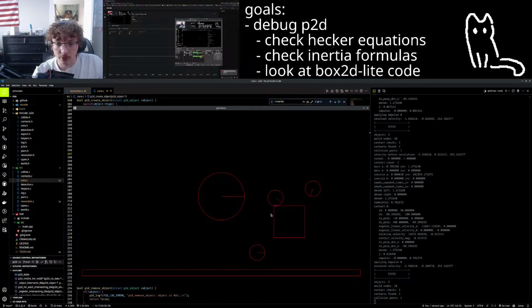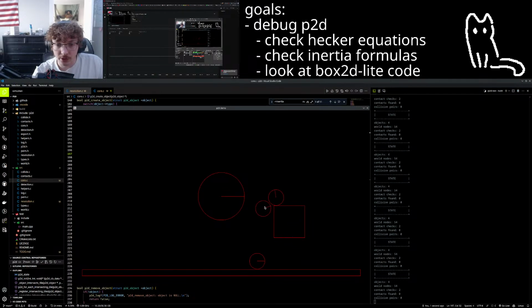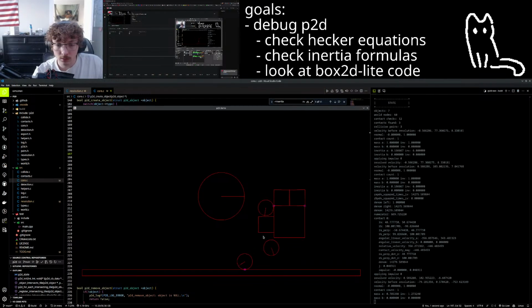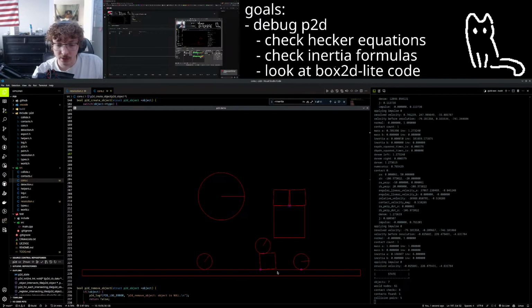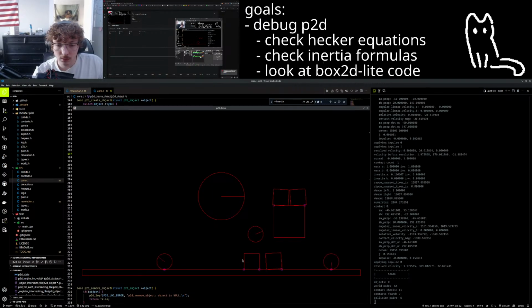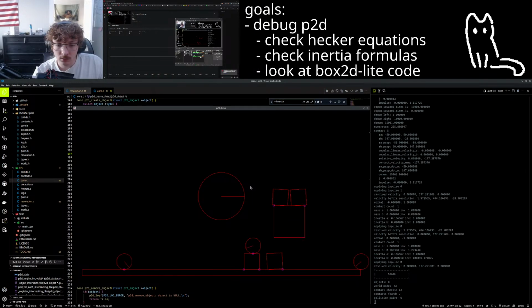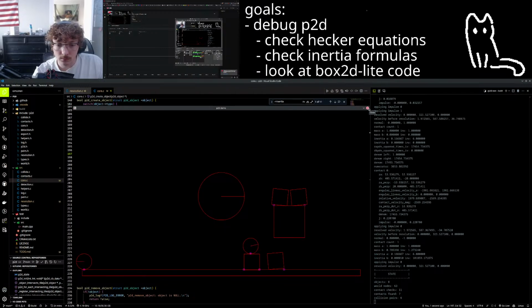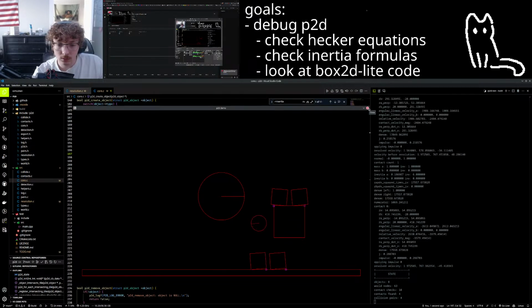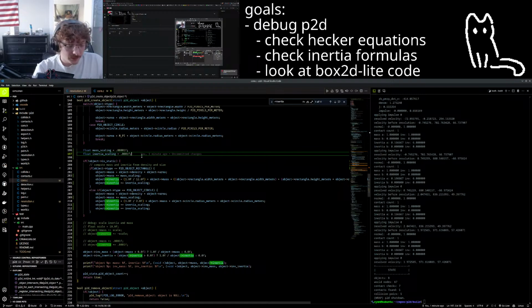It actually doesn't look like completely unreasonable. This is way too much angular though. That kind of nudged it nicely. What if I don't? What if I don't scale inertia?